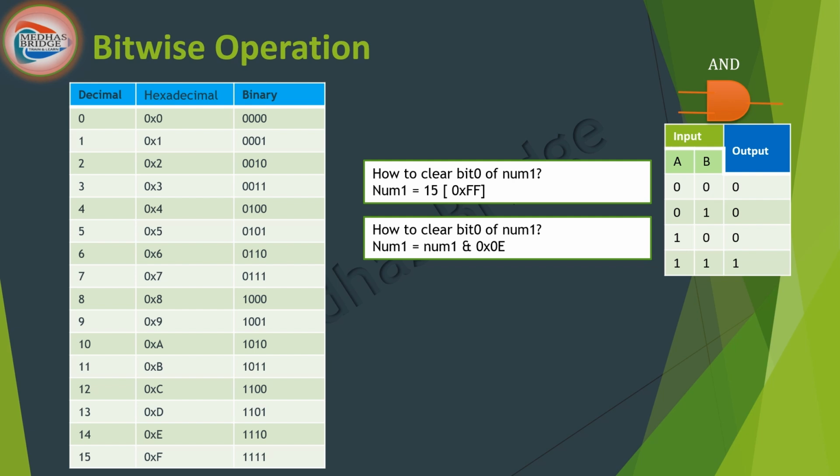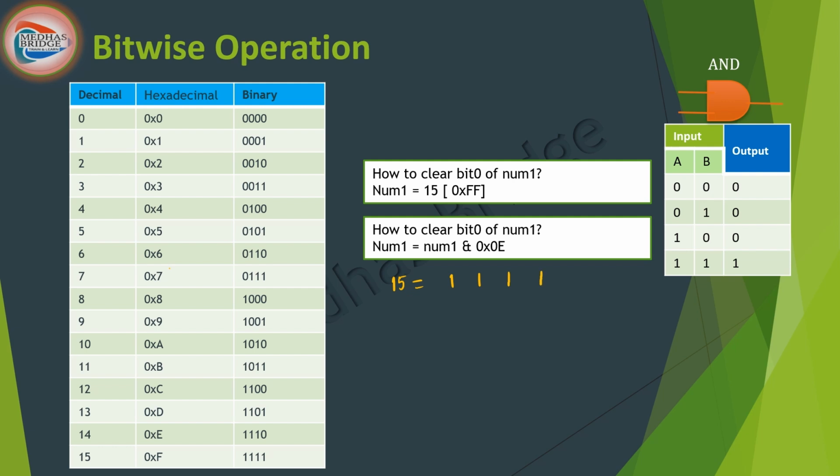Okay, let me tell you one simple application. Somebody is asking how to clear bit 0 of num1. I'm holding num1 as 15, but the ask is, can you clear only bit 0? So how do you do that? The simple way to think about it is, 15 means 1 1 1 1.